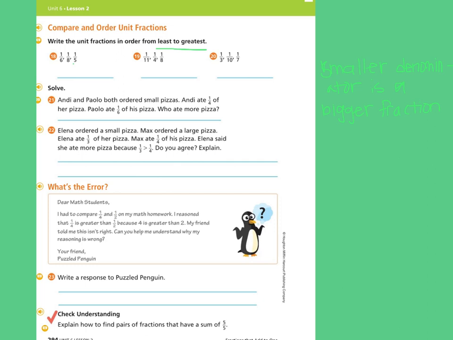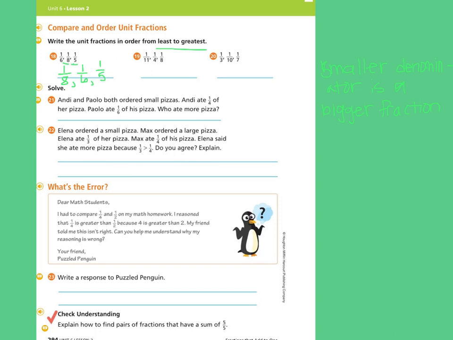So for this one, 5 is my smallest denominator, so that should be the last number. 8 is my largest, so that should be my first number. 1/8 is the smallest. 1/6 is the next biggest. And 1/5 would be the greatest fraction. I want you to do 19 and 20 on your own.